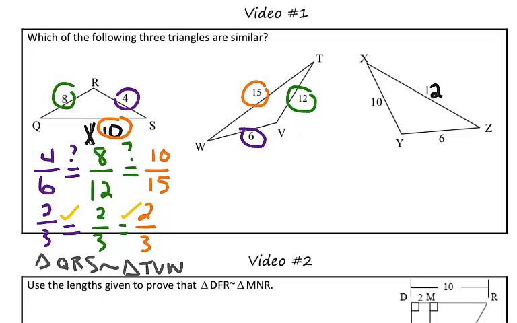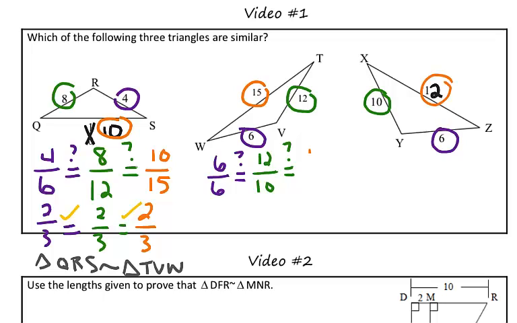So 6 is the smallest side in triangle TVW, and 6 is also the smallest side in triangle XYZ. So 6 over 6, is that equal to, let's go to the next largest side length, which would be 12 and 10. 12 over 10, and is that equal to the longest side length, which is 15 and 12?